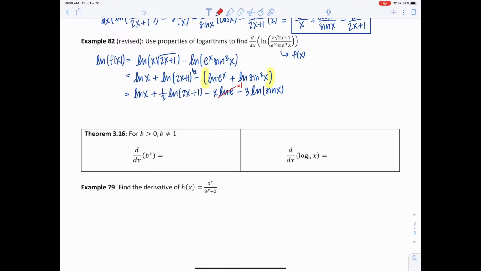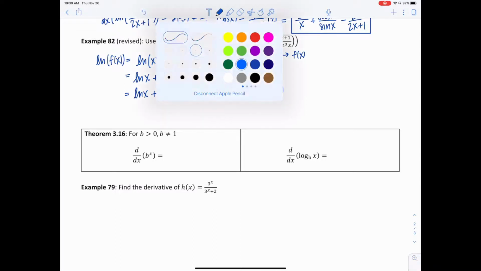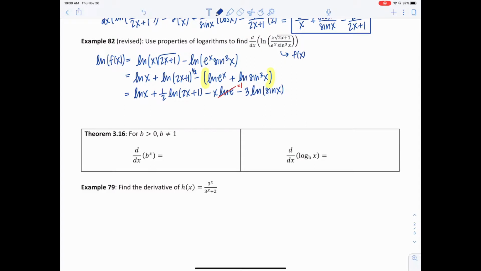All right, let's go ahead and take the derivative now. So here it is separated, and I'm just going to take each derivative. The derivative of ln of x is 1 over x.